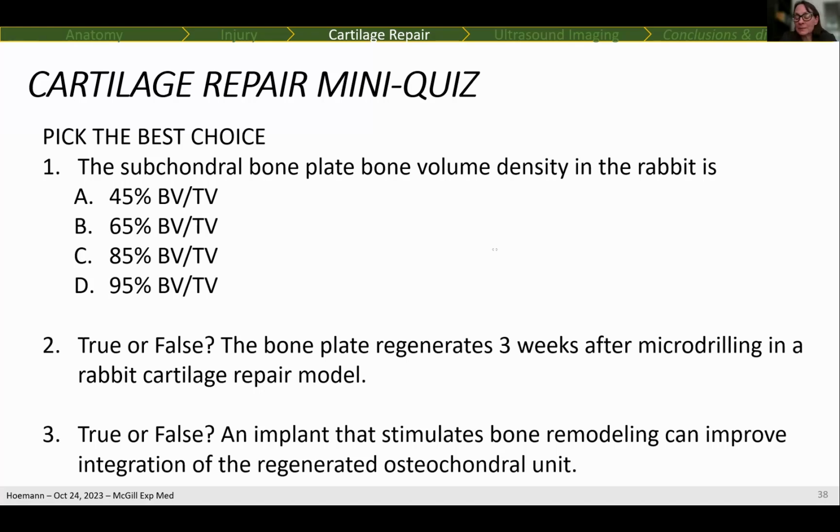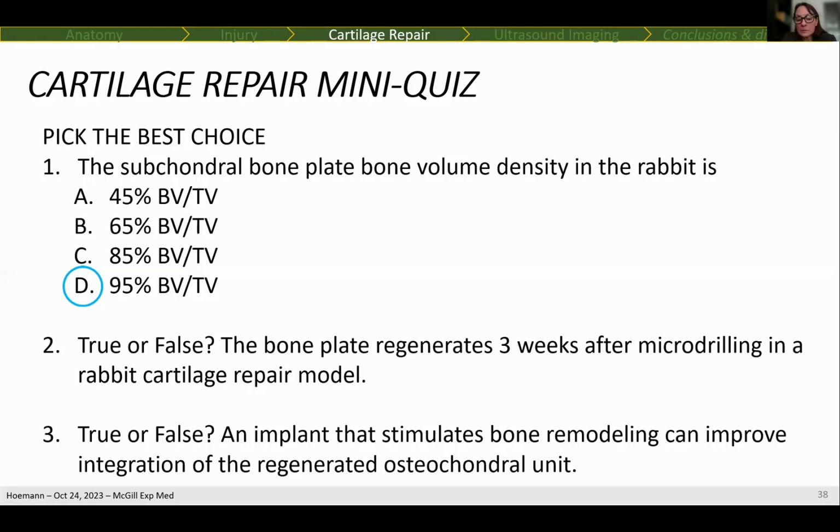B. It's a good guess, but actually the correct answer is D. The subchondral bone plate is actually, if you include the calcified cartilage layer, is almost all mineral, almost all bone. Yeah, it's very dense. So if you get rid of it, you've actually got a lot of bone to regenerate.